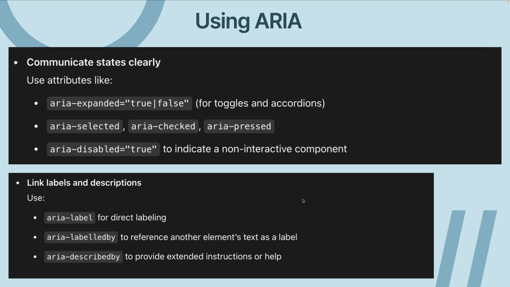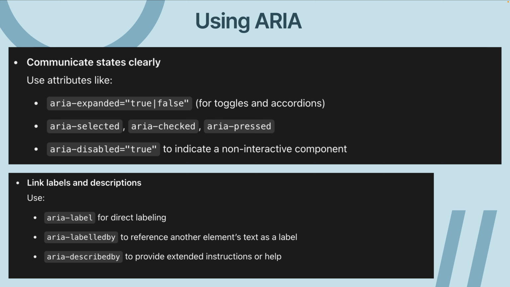Okay, so just a recap of what we discussed. These aria attributes communicate states clearly, using attributes like aria-expanded for toggles and accordions, aria-selected, aria-checked, aria-pressed, and aria-disabled to indicate non-interactive components.